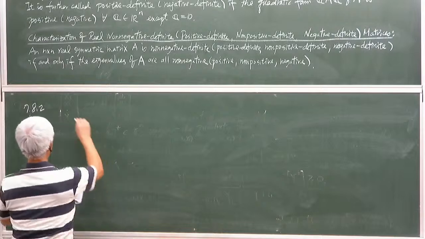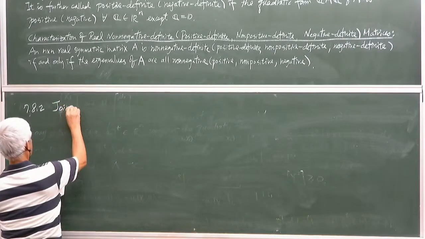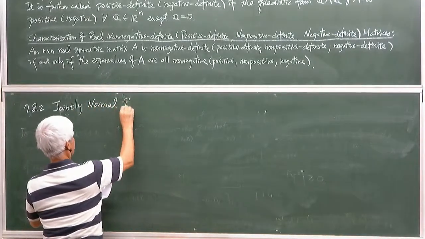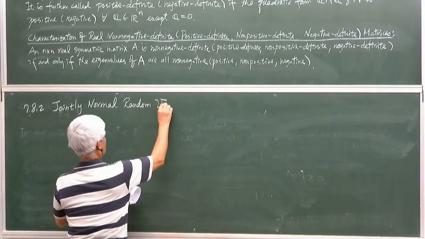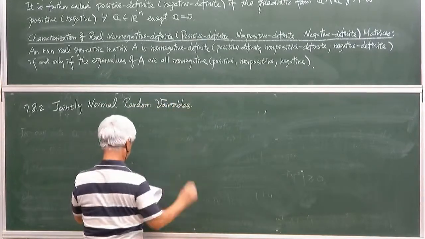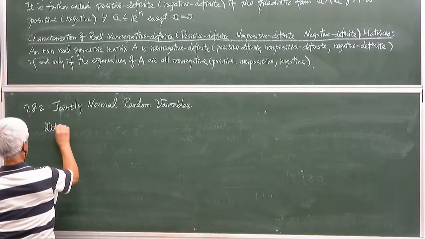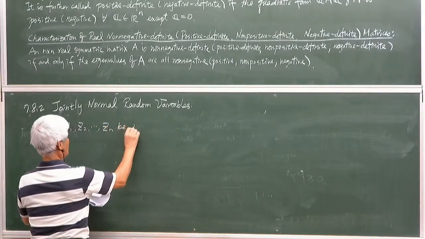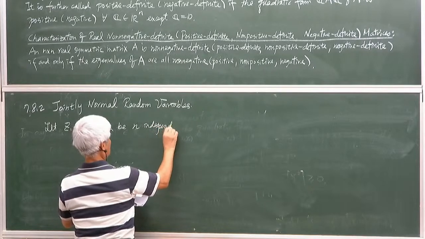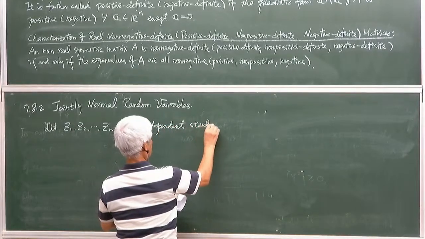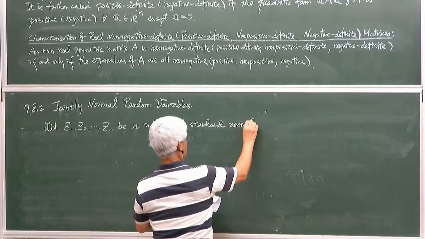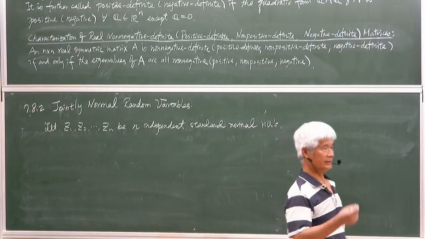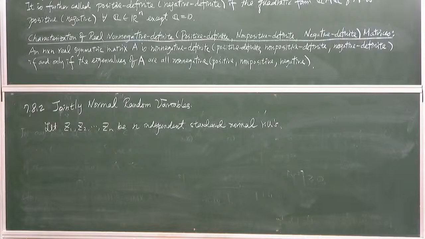All right, in the next subsection, we'll consider jointly normal random variables. First of all, let Z1, Z2 up to Zn be independent standard normal random variables. They are standard normal random variables, meaning they all have zero mean and variance equal to 1.